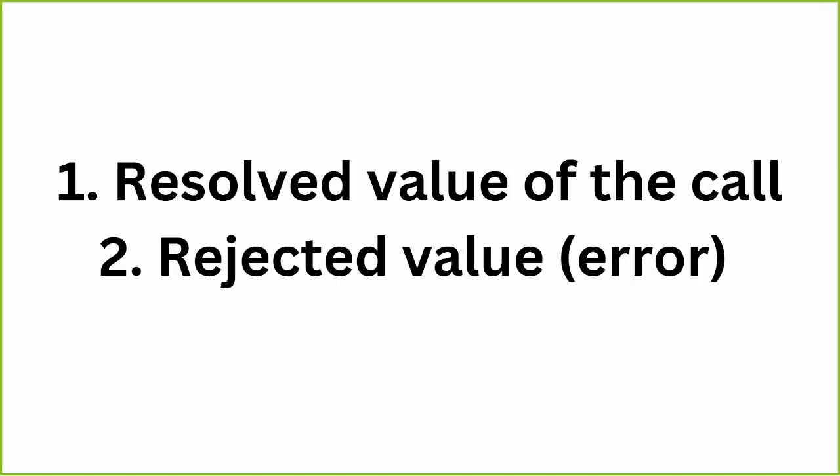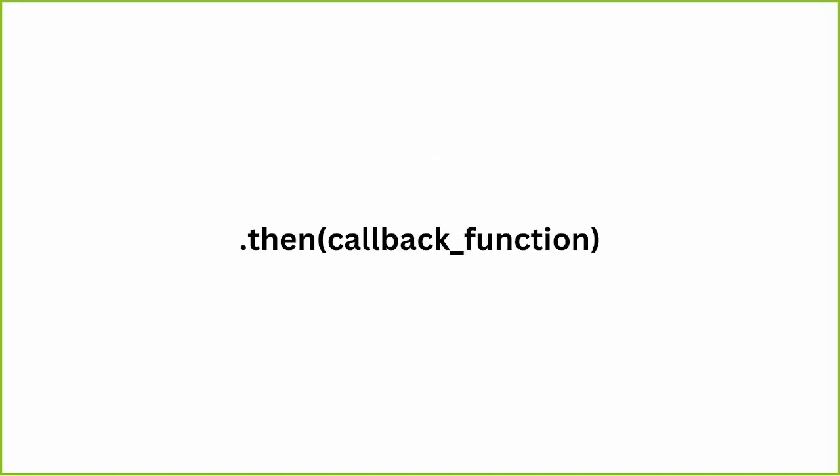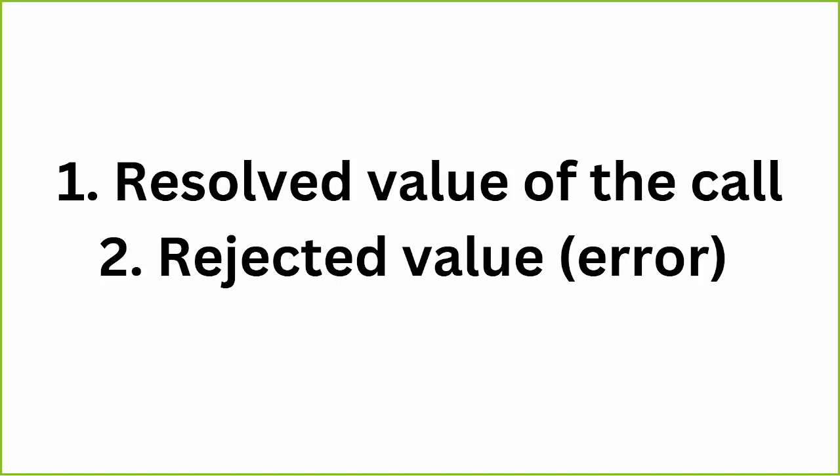Think of it like this: it's just an object that when resolved, contains your data, but when rejected, it's an error. That's it. That's your promise. A promise could also be pending. That is when you're calling the promise and it's currently querying.